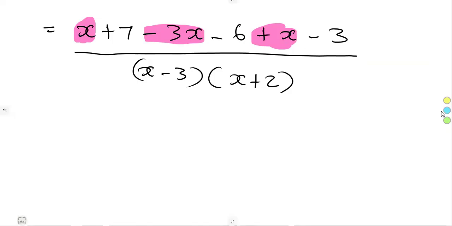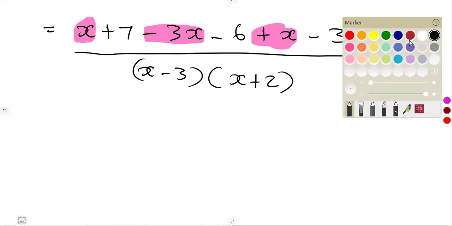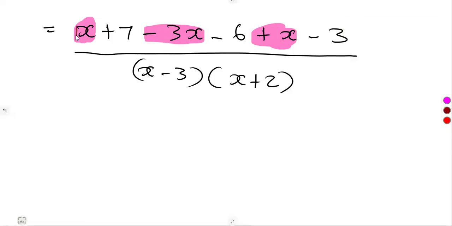So as we can see, this is 1 and this is 1. 1 plus 1, that's 2. And 2 minus 3, that will be minus 1. So that's minus 1x, which is minus x. Minus 1x is same as what? Minus x.